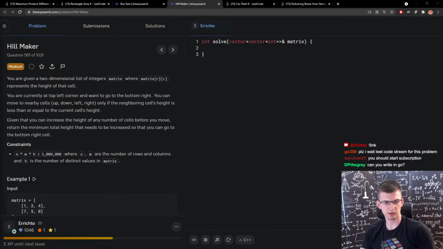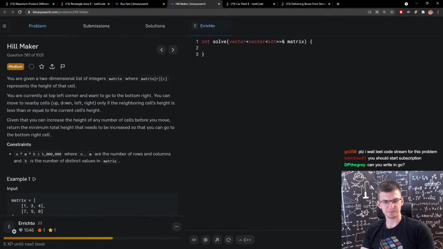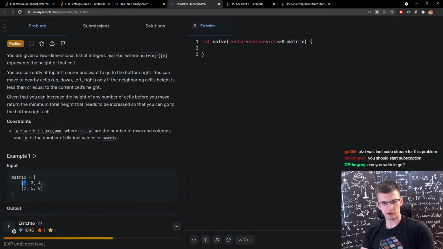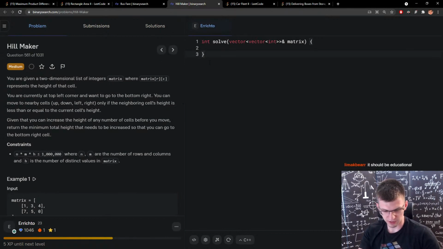Can you write in one go? Obviously. But that's not the point, right? We start here, we want to go there in the bottom right. We can only go to the lower neighbor, but we can increase some cells first. I'm quite sure that we will use the lemma that it's stupid to go in cycles.